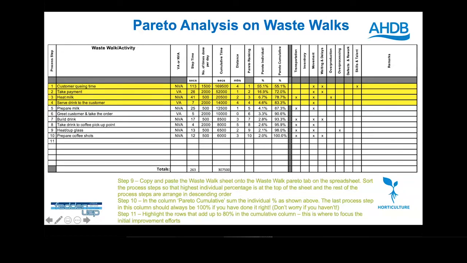If you've done it right, you should get to 100%. That's the sum of all the individual percentages. It should give you 100% on the last activity within that step.